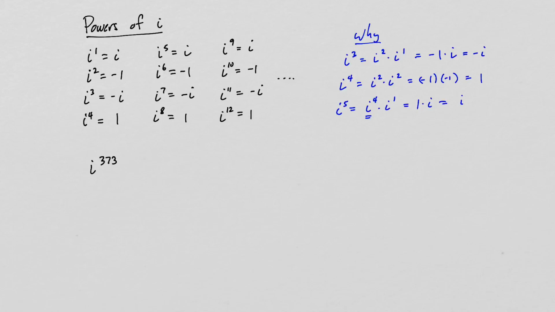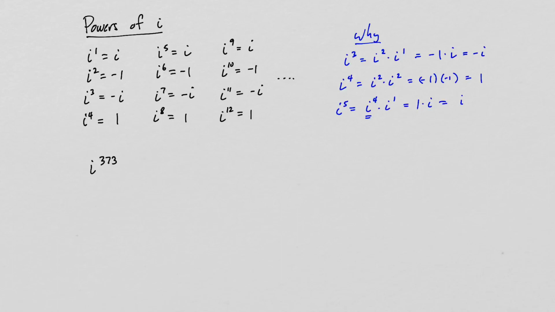And so that would look something like this. 1, 2, 3, 4, 5, 6, 7, 8, 9, 10, 11, 12, 13, 14, 15, 16, etc., right? And then wherever you stop, when you get to 373, one of those values would be your answer. Okay, well that's kind of silly to do it that way.